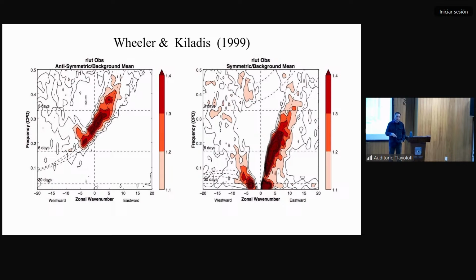For example, if we want to study easterly waves, perhaps velocity potential or vorticity could be a way better choice if we are not interested only in the coupling with convection, but we also want dry waves, for example. So it depends on the wave. If we want to study precipitation, we can use velocity potential.